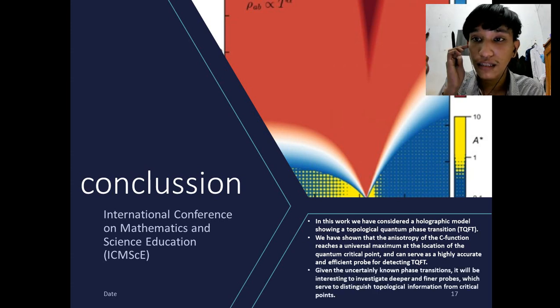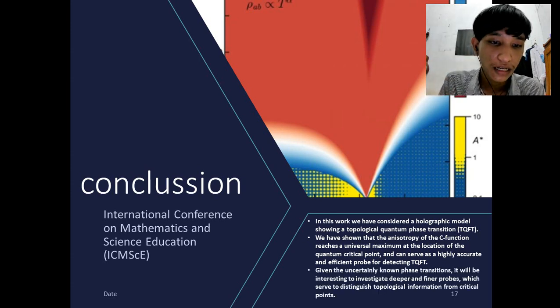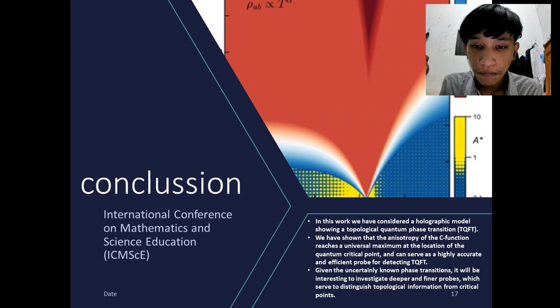After that, for the third, given the opportunity to know the quantum phase transitions, it will be interesting to investigate finer probes to distinguish topological quantum information from the critical point.